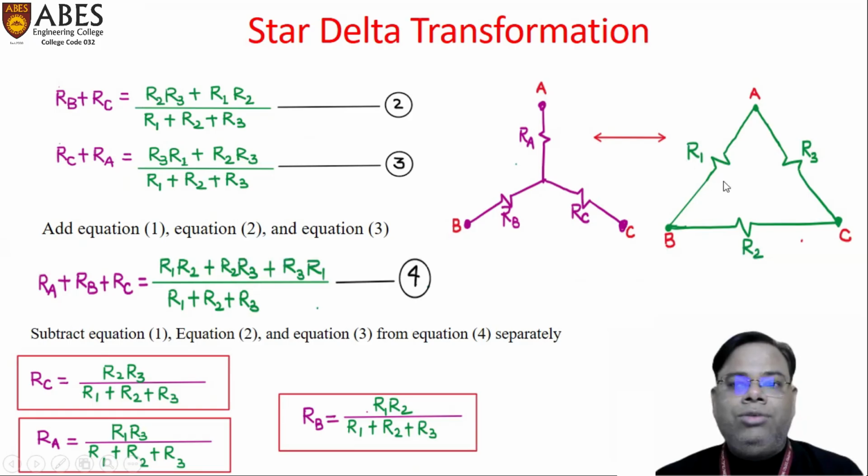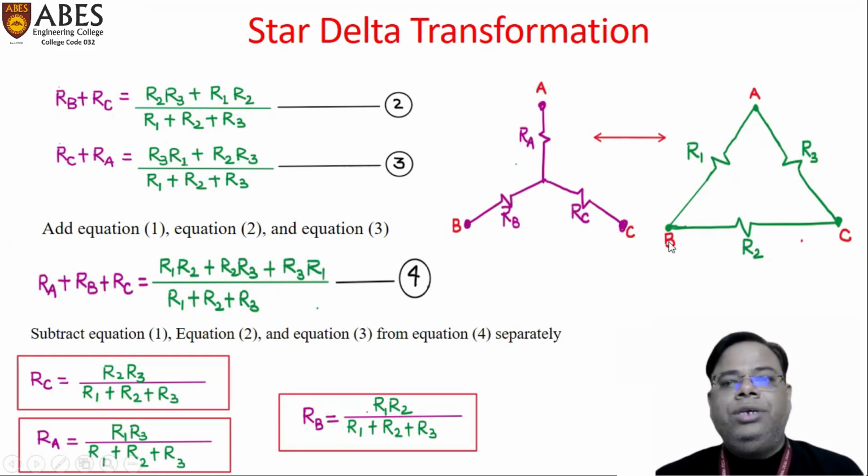After that, the equivalent resistance of R1 plus R3 would be in parallel with the R2 resistance. It means R2 would be in parallel with R1 plus R3 if we are finding the equivalent resistance between B and C terminals. As you can see, after simplifying, the value for equation number 2, RB plus RC, is the equivalent resistance of B and C terminals in the star combination.